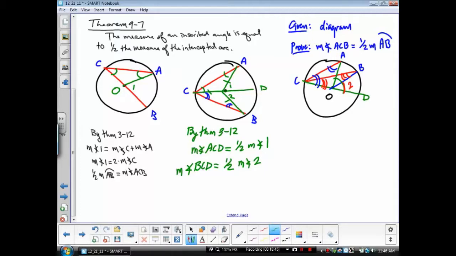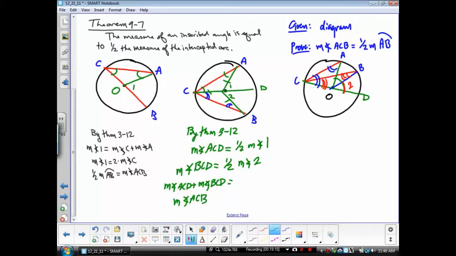Okay. Now when I add these two angles together, BCD plus ACD gives me the measure of angle ACB. So when I add measure of angle ACD plus measure of angle BCD, I'm going to get the measure of angle ACB.